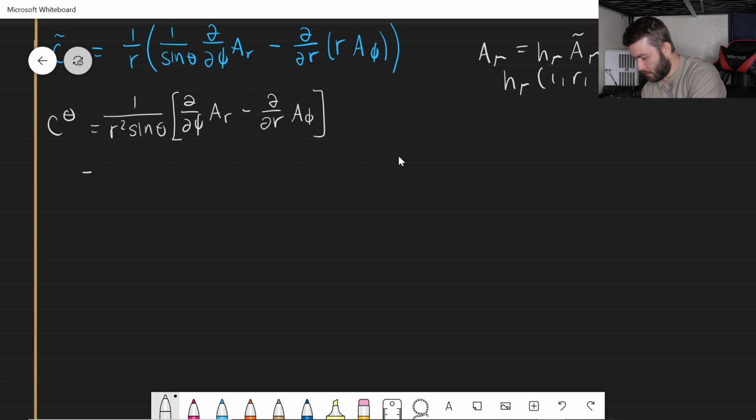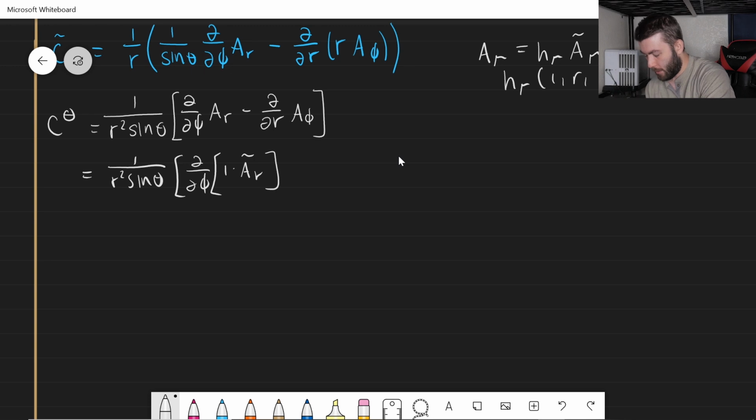This is equal to 1 over r squared sine theta, d over d phi of 1 times A sub r tilde, minus d over dr of r sine theta A phi tilde.